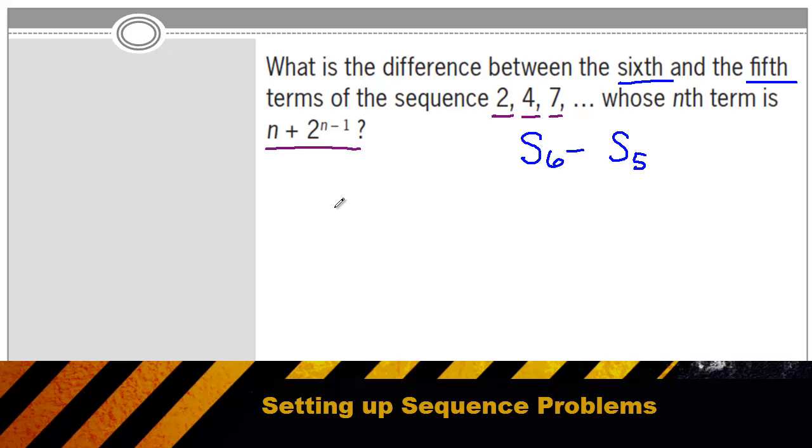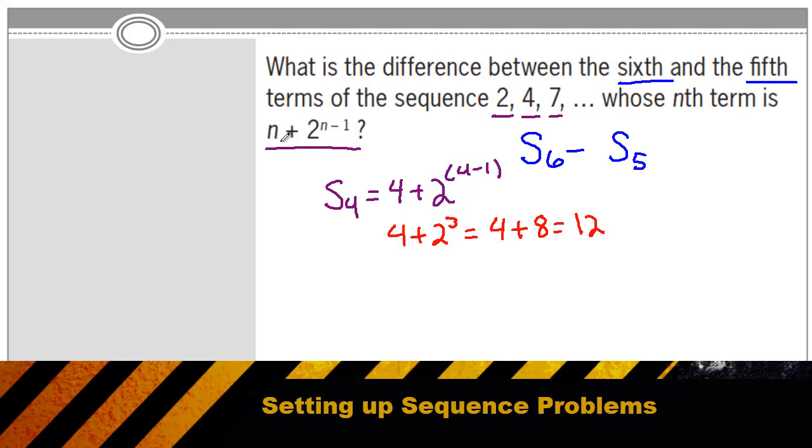And according to the equation, the fourth term will be equal to 4 plus 2 to the 4 minus 1, which I could rewrite as 4 plus 2 cubed, which is the same thing as 4 plus 8, or 12. Now that I know the fourth term, I can figure out the fifth term using the exact same equation.